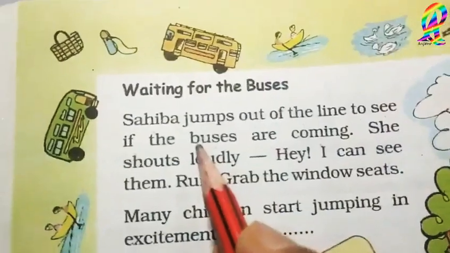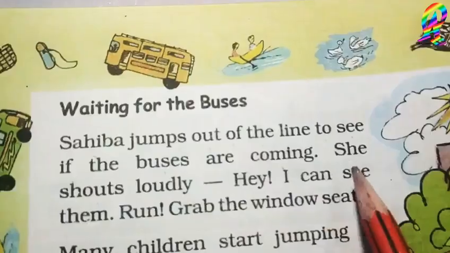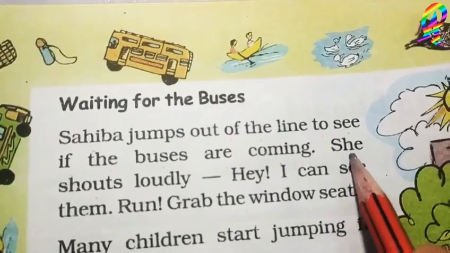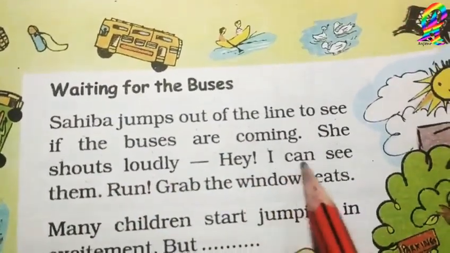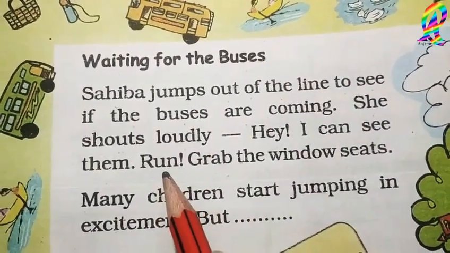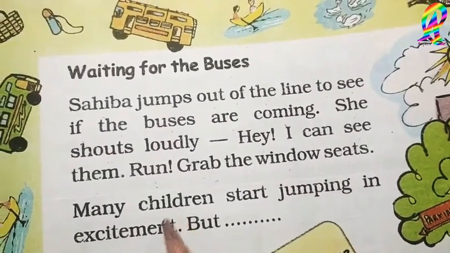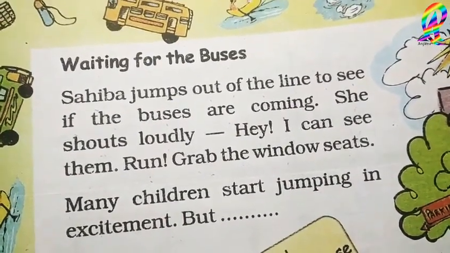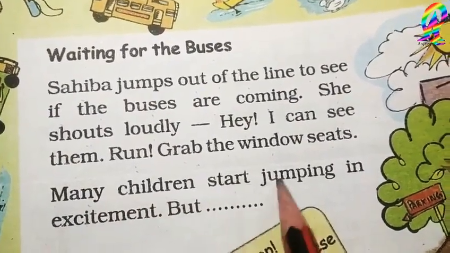I think Sahiba is very excited. And she shouts loudly, "Hi, I can see them. Run, grab the window seats." After hearing Sahiba's sounds, many children start jumping in excitement.